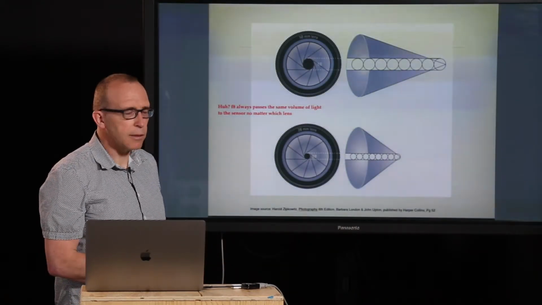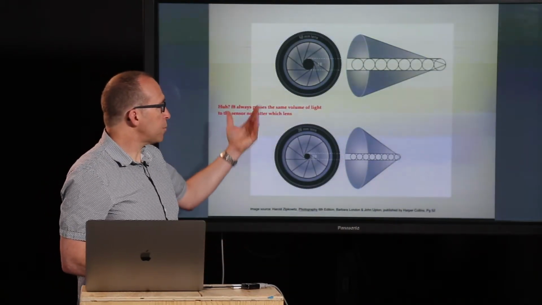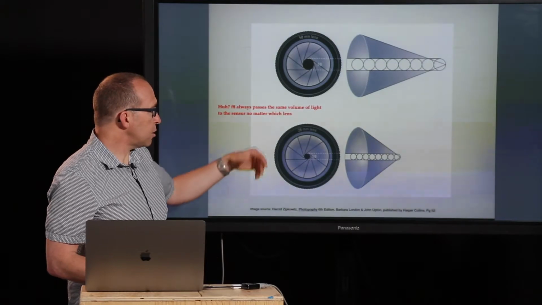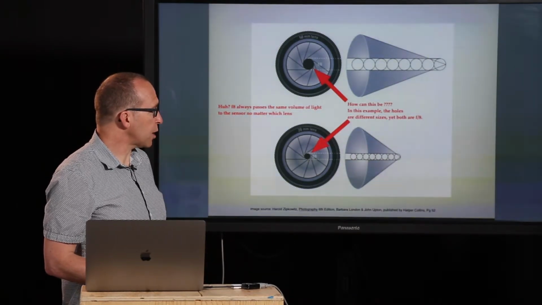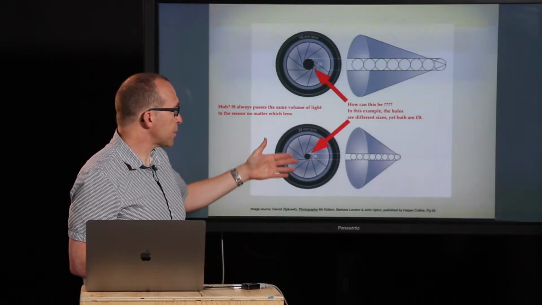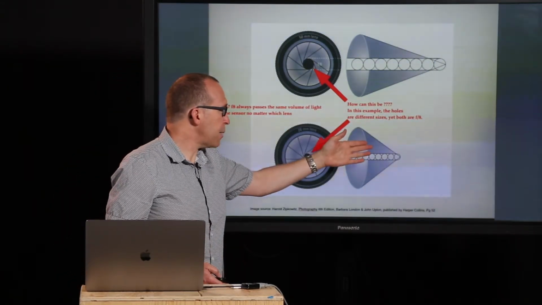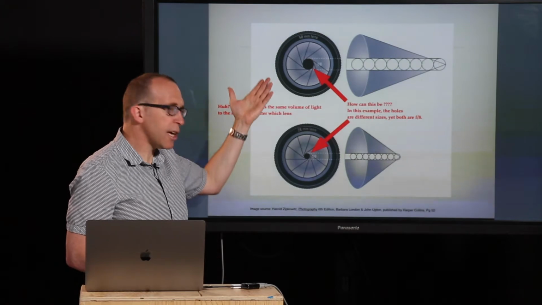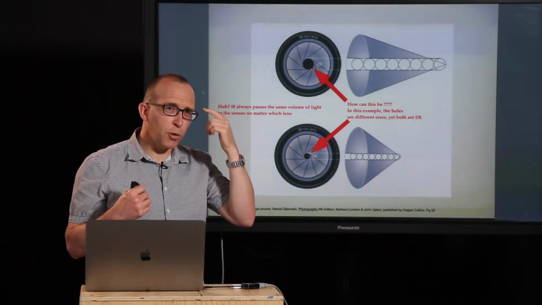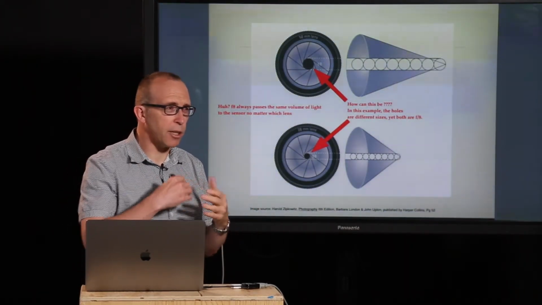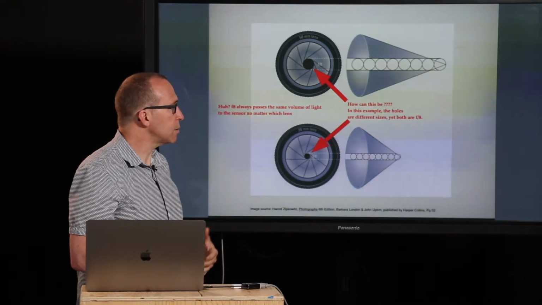So why is that? Well, probably the best way to explain that is to look at these diagrams. F8 always passes the same volume of light. How can that be? These are two different size holes. You and I intuitively can figure out that, hey, if a hole is bigger, more light's getting through. True.